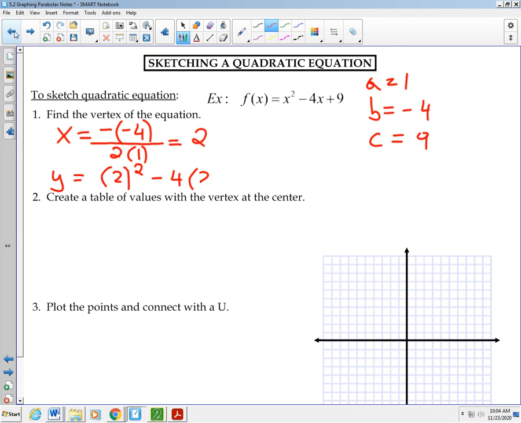Okay? If you use your calculator, actually you should do this in your head. 2 squared is 4. Negative 4 times 2 is negative 8. 4 minus 8 is negative 4. And negative 4 plus 9 will be equal to 5. So y is equal to 5.